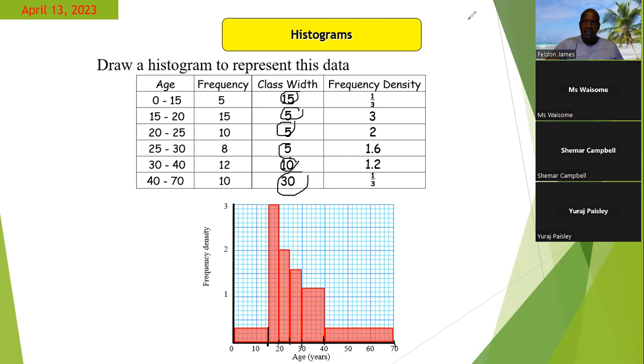All right. Now their height is based on the frequency density. Notice that this is 1. And if you divide it into 3 equal parts, each part would be 1/3. So this is 1/3 of the 1.